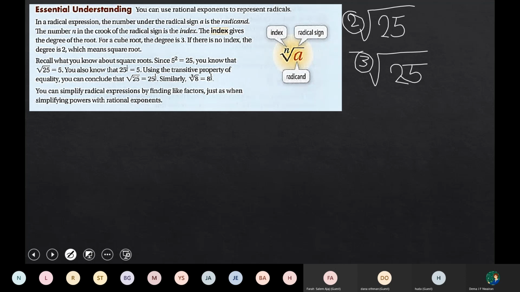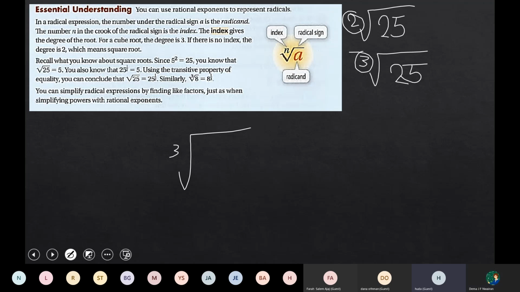Now, Teacher, I have a question. If inside the root there is nothing, no number, what will we write?